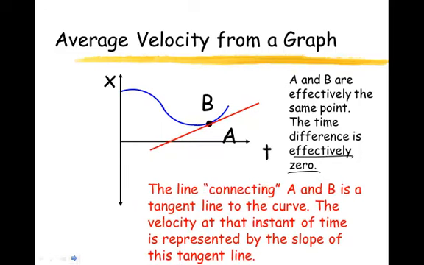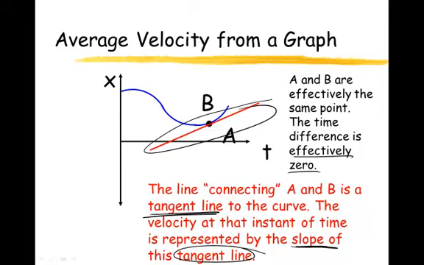Now, that connecting line is what we call a tangent line to the curve. Okay, so the velocity at that instant of time is represented by the slope of the tangent line. So this tangent line slope would be what we call the instantaneous velocity.